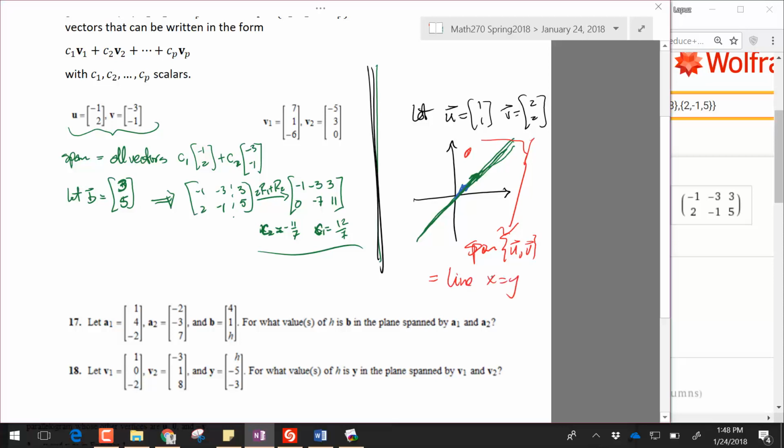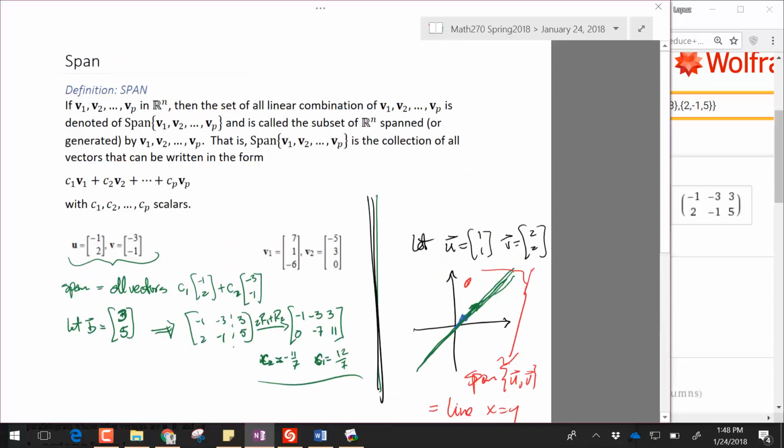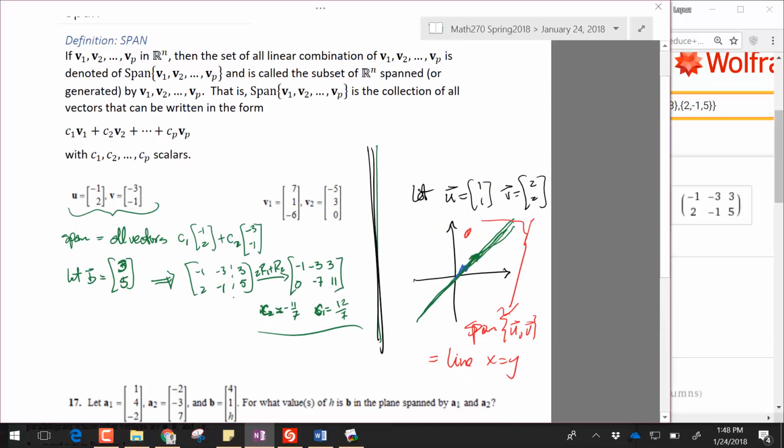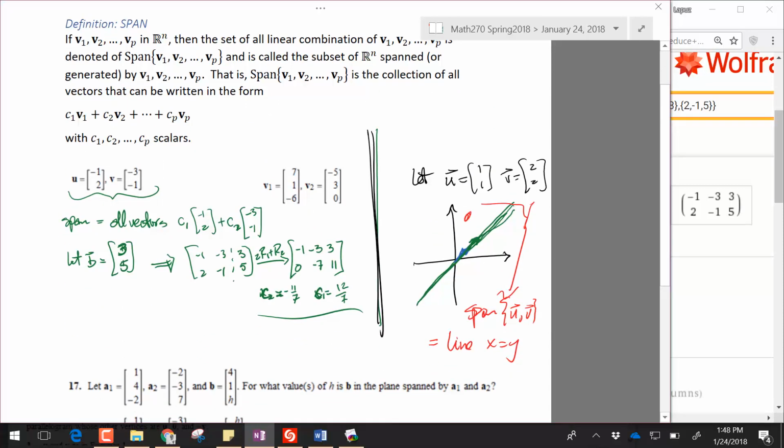And I made the line that 45-degree line so that I can just write x equals y. So the definition says a span is equal to any linear combination of the vectors that are involved. So I can scale this, but when I add these two vectors, they're always going to be along the same line.